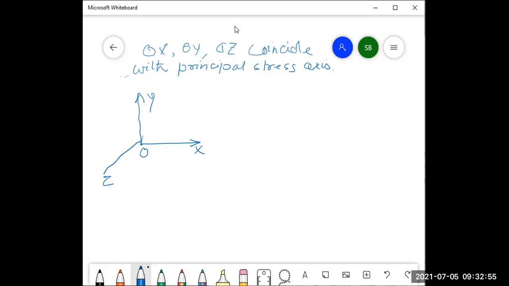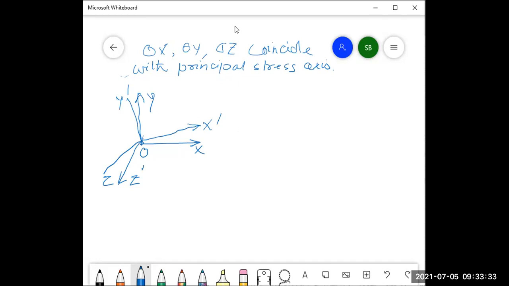Now, let us consider another orthogonal frame of axes originating from the origin O. It may look like this: OX dash, OY dash, and OZ dash. This OX dash axis creates certain angles with all three x, y, and z axes.